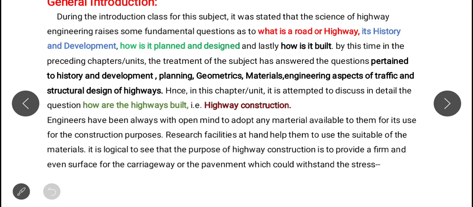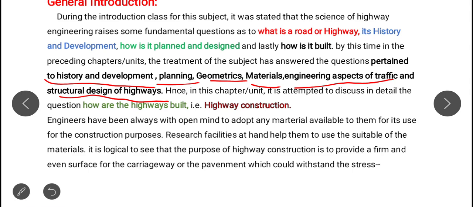By this time, in the preceding units which we have covered, the treatment of the subject has answered the questions pertaining to highway development, planning, geometrics, various materials used in road construction, engineering aspects of traffic, volume studies, speed studies, traffic capacity studies, how traffic is controlled by regulation, by means of signs and signals, even markings, and structural design of highways, that is pavement design, both flexible as well as rigid.